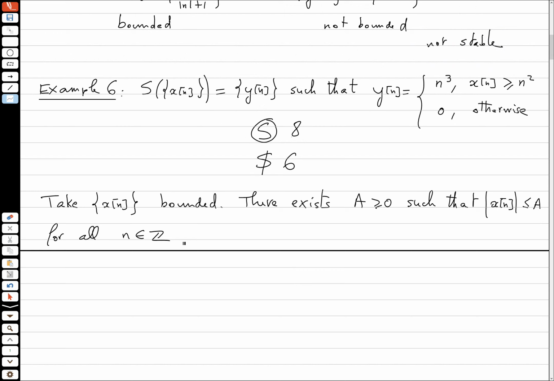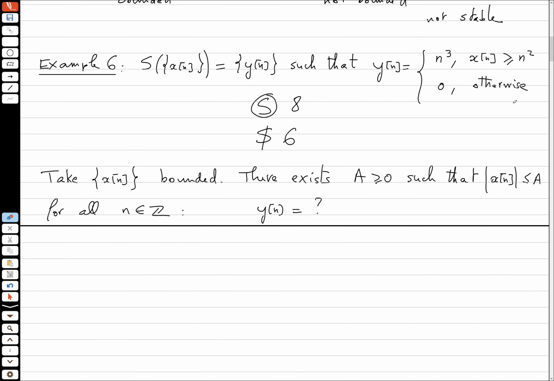Now, we want to find y of n. There are two cases. Either you are in this case or that case. All right. So that case is no worry. 0 doesn't hurt you. So case 1. Suppose that x of n is greater than n squared.